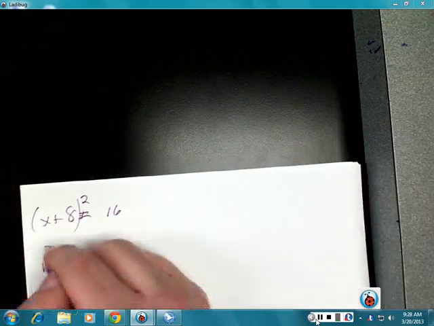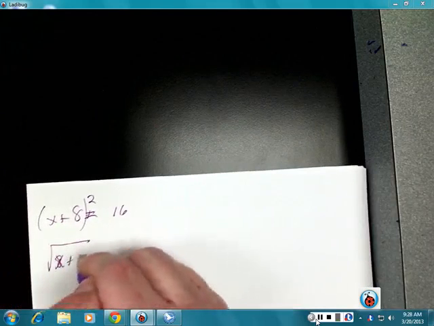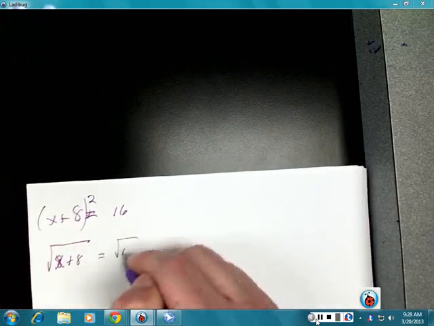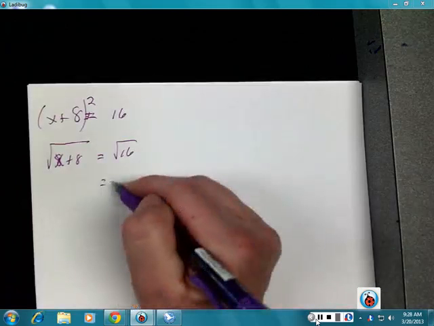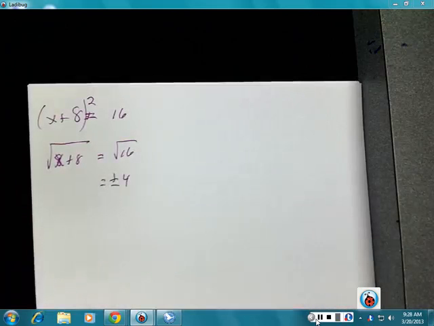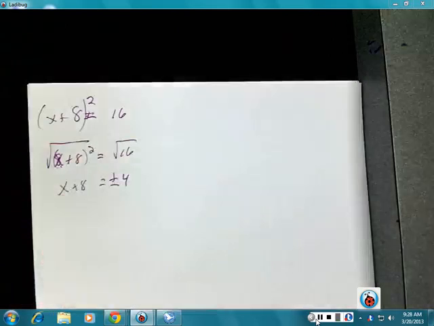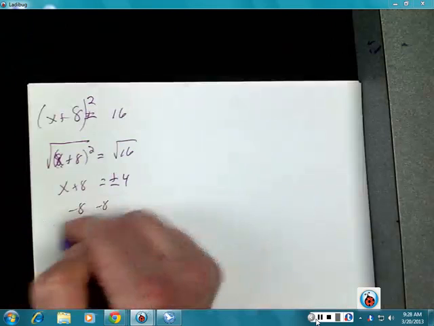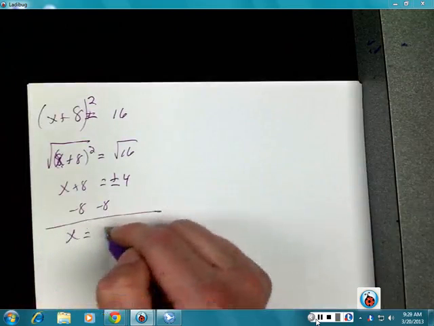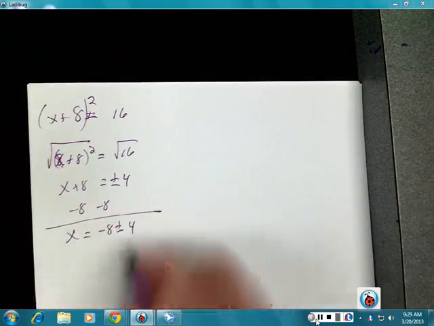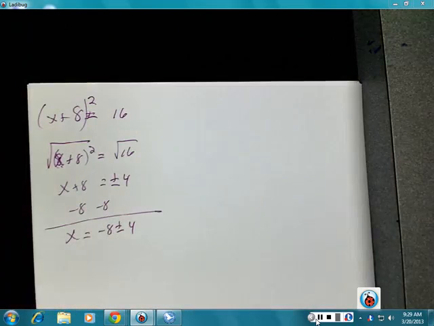So, take square root of both sides. Square root of 16 is a plus or minus 4. Square root of this side leaves me with x plus 8 minus 8. When you get straight numbers, you still have 2 answers to this one.